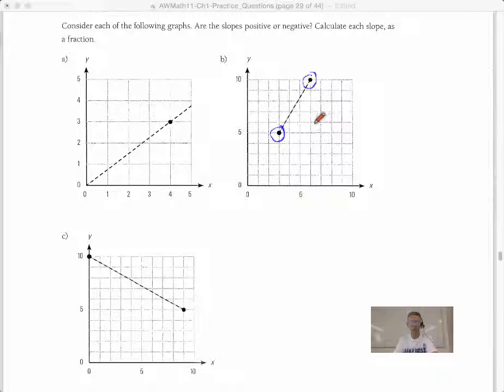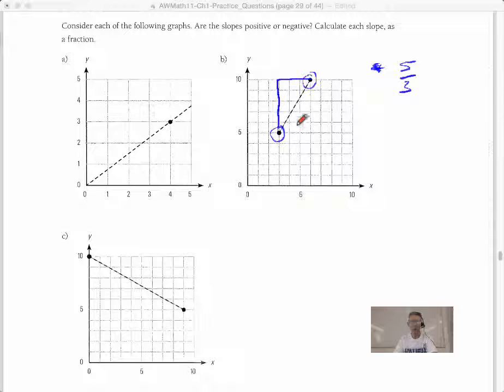If we want to do rise over run on a coordinate grid like this, we can just look at the rise. Rise here would be up and over. So the rise is, counting the units or boxes, 1, 2, 3, 4, 5. That's right, 5. And the run is 1, 2, 3. So the slope is 5 over 3.